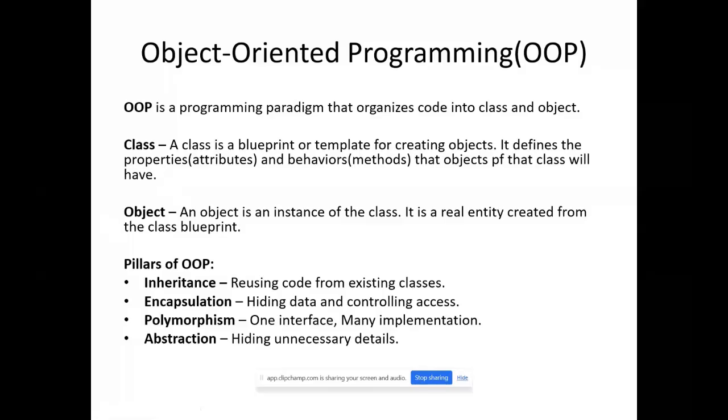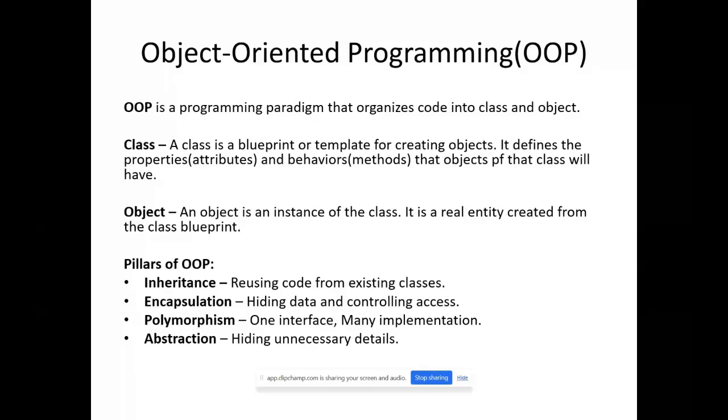with some example. If you consider animal, it has properties like legs, hands, eyes, right? So animal is one of the classes, and the properties of animal are what an animal has: legs, hands, eyes, mouth.